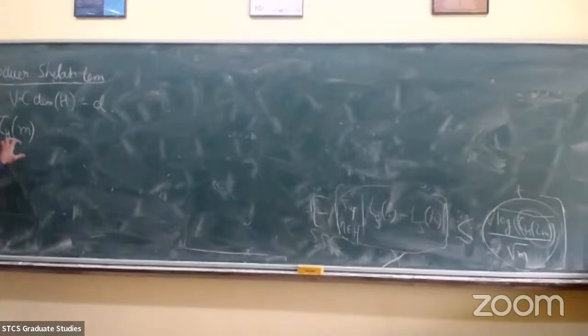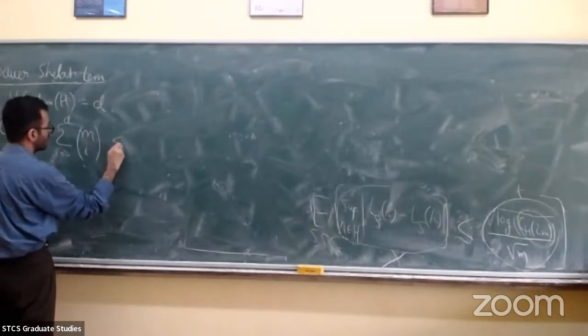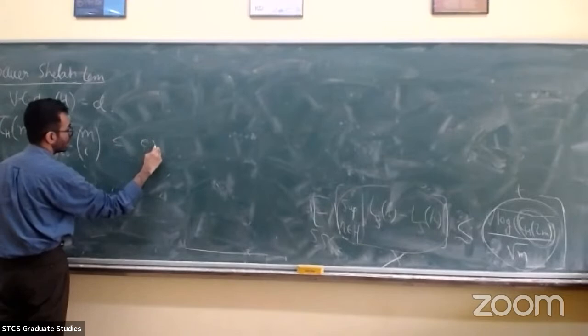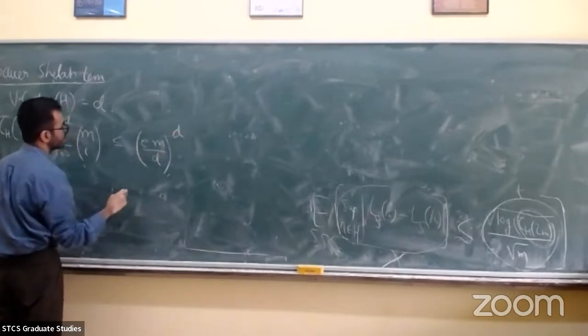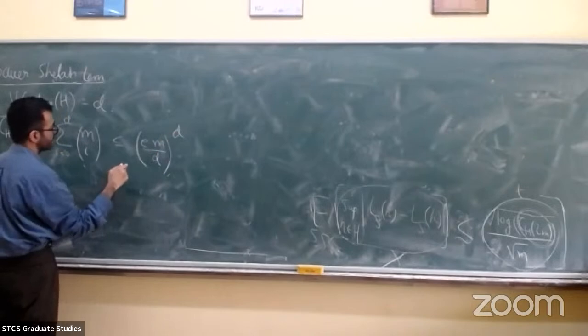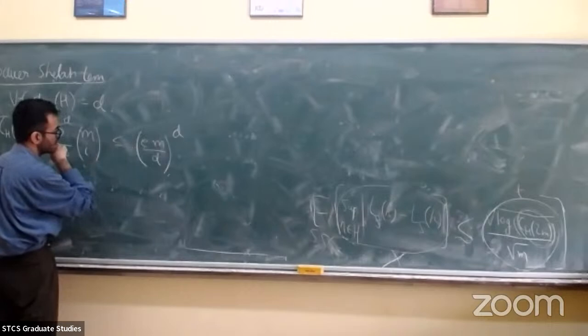In fact, the exact statement is that the growth function looks something like the summation from 0 to d of m choose i. And then if you do this calculation, this is at most (e m over d)^d.